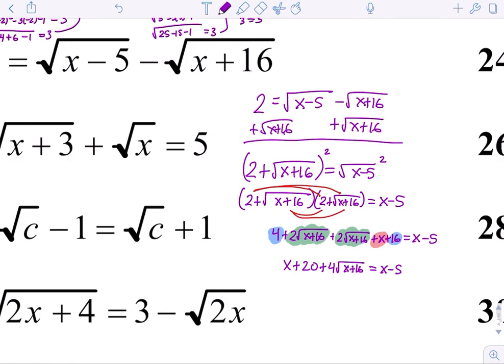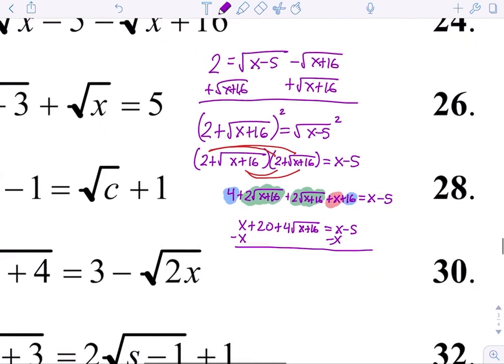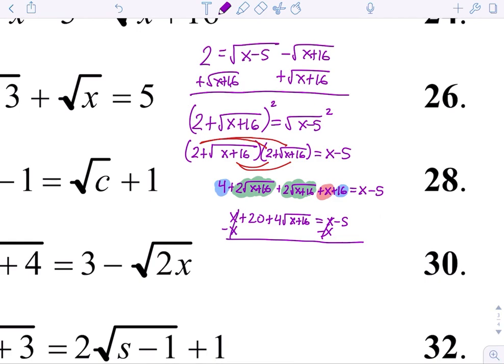Alright, so let's isolate. Subtract x from both sides. Both of those cancel. Subtract 20 from both sides. And we're going to get 4 square root x plus 16 is equal to negative 25.